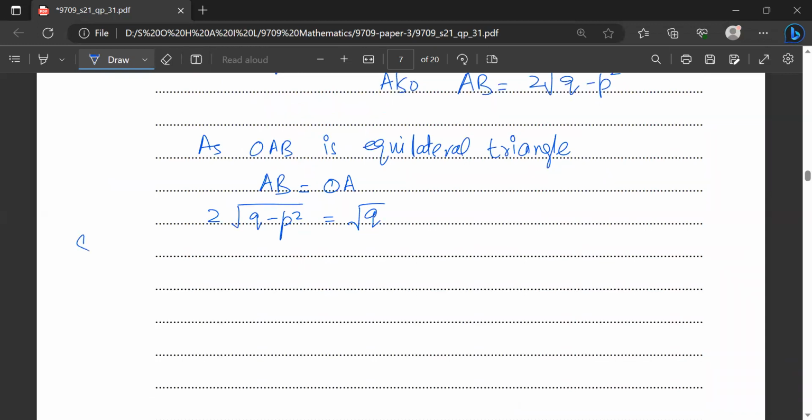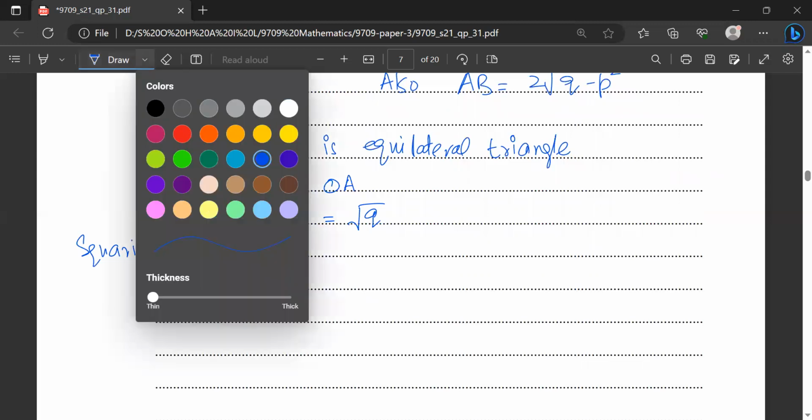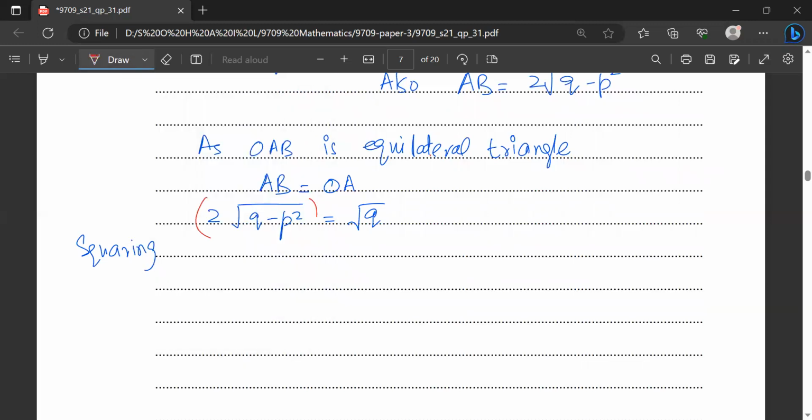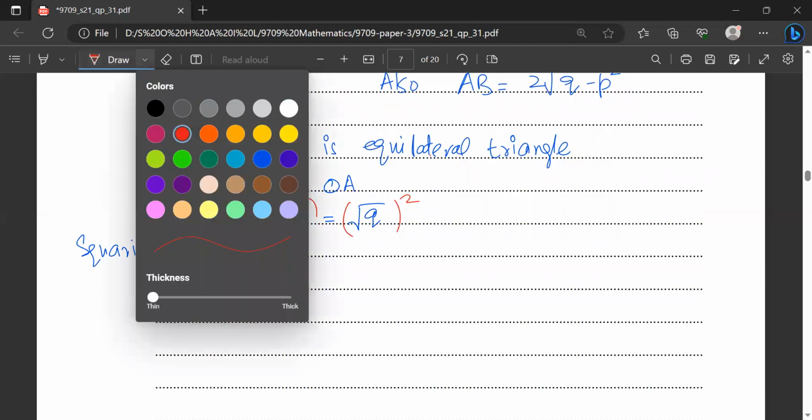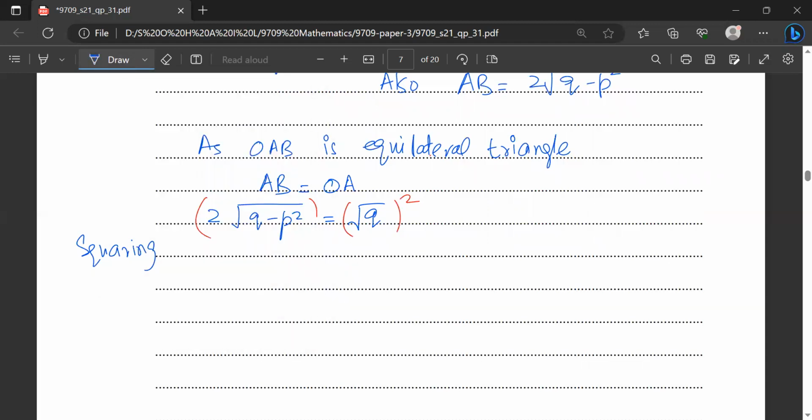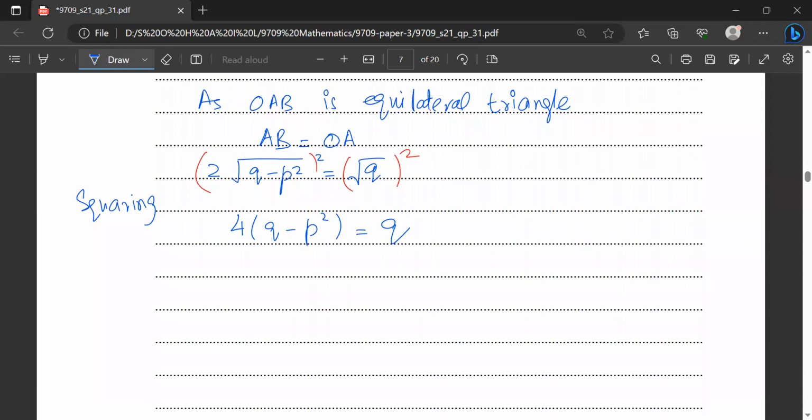So I can square both the sides. When you square both the sides, we get 4, since 2 power 2 is 4, and the square root cancels the square. So 4 into q minus p square is equal to q, which is 4q minus 4p square equals q.